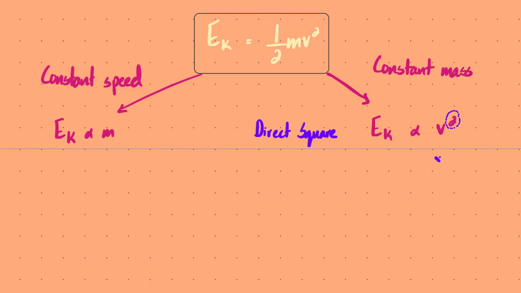So for the sake of argument, let's say if speed tripled, then kinetic energy would increase by a factor of 3 square, which is 9. So this is something that we need to be very careful with while using the formula, and needless to say, the examiner does pose questions like this.